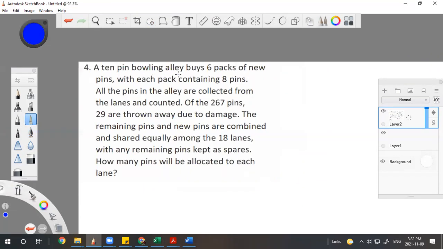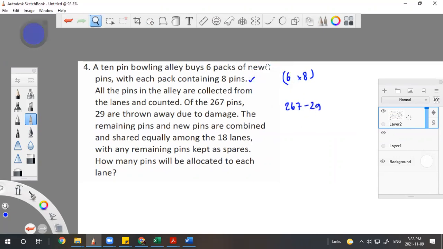A 10-pin bowling alley buys 6 packs of new pins, each pack containing 8. So 6 times 8 pins for the first. All the pins collected from the lane are 267, and 29 are thrown away due to damage. So 267 subtract 29, because you have to throw away the broken ones.